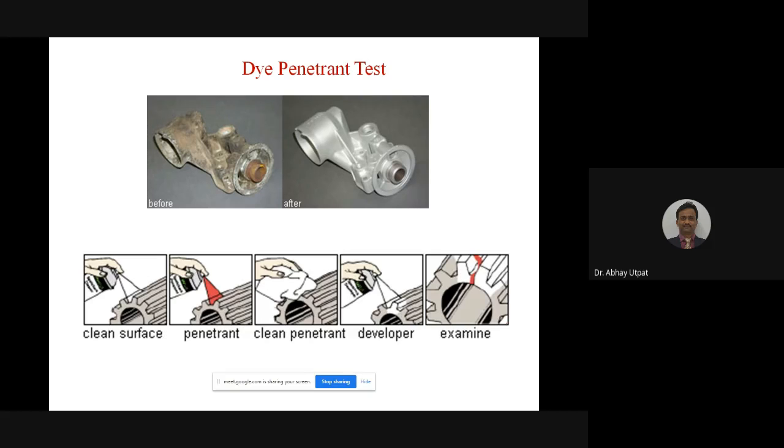See this now. The component should not be dirty. This is before cleaning, and this is after cleaning. So after cleaning, the component will be this much clean. This quality of cleaning is required for carrying out the test. Then clean the surface.